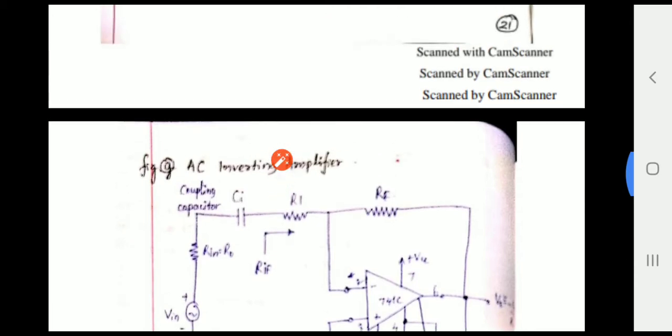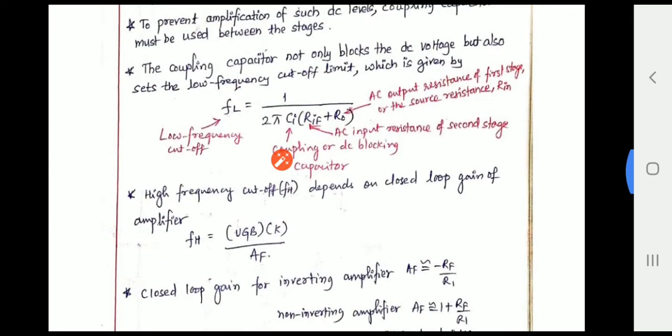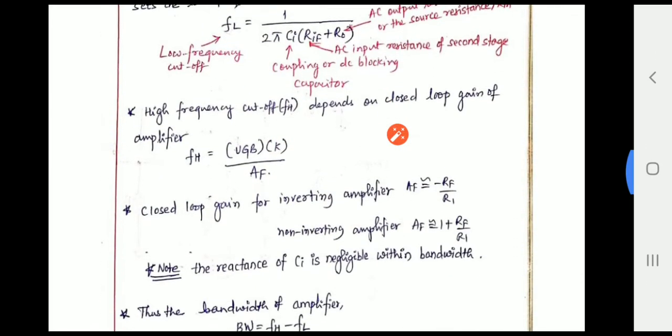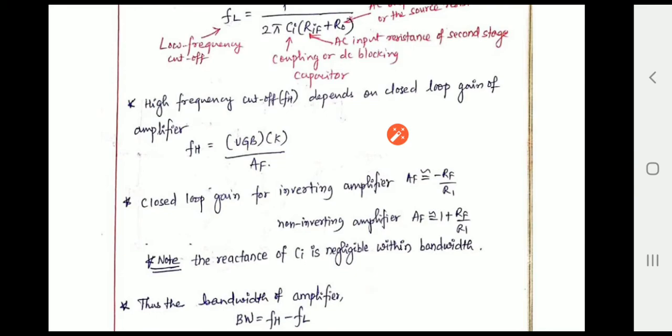So this is about the AC amplifier lower cutoff frequency. Similarly, you can get the high frequency cutoff using this expression: FH equals UGB into K divided by AF. We discussed this in bandwidth with feedback in the inverting amplifier explanation, and I already sent notes regarding this also.